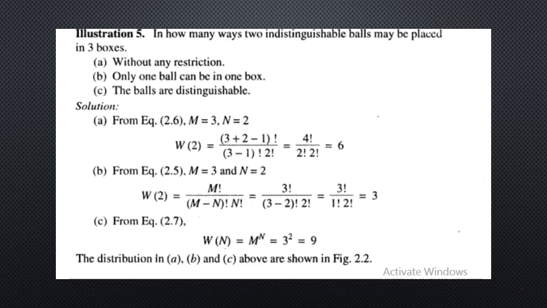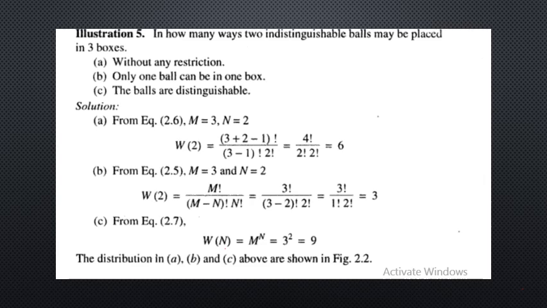We already know here m is equal to 3 and n is equal to 2. So after putting the values of m and n, the equation will be factorial 3 upon factorial (3 minus 2) into factorial 2, equal to factorial 3 upon factorial 1 into factorial 2, which is equal to 3.